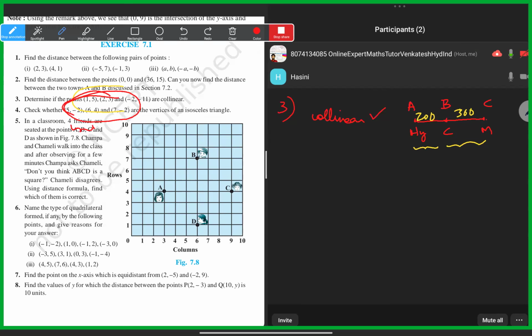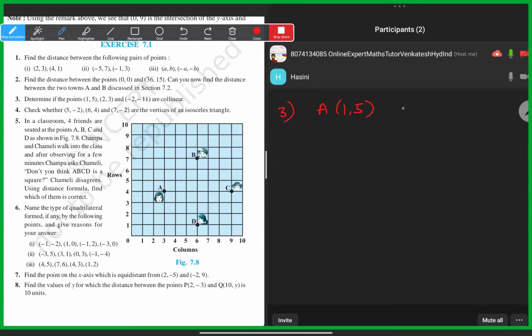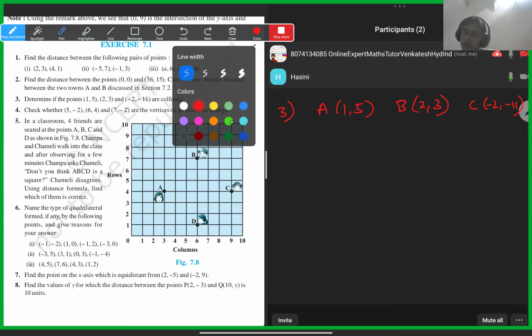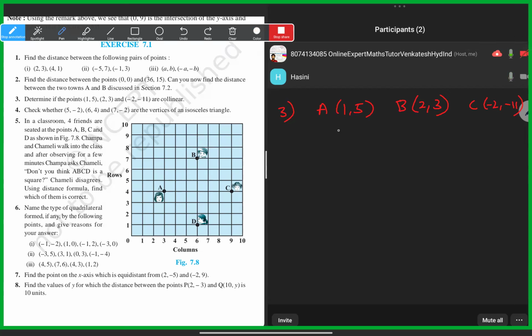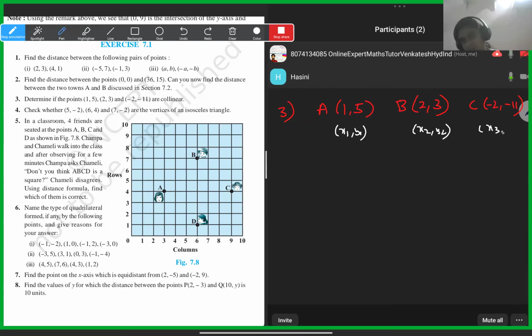Third one. So first let us take A 1 comma 5, B 2 comma 3, and C minus 2 comma minus 11. So this is x1, y1, x2, y2, and x3, y3.